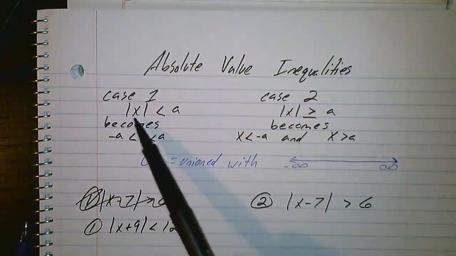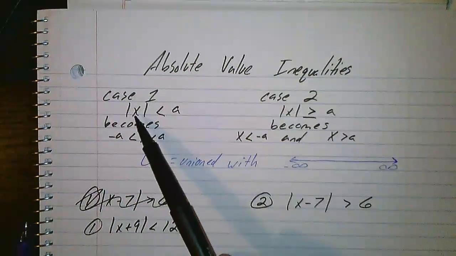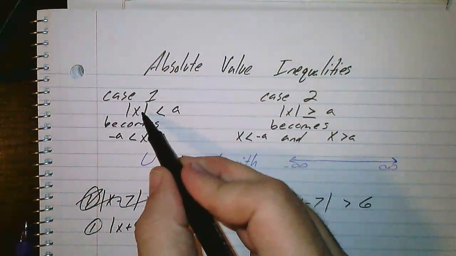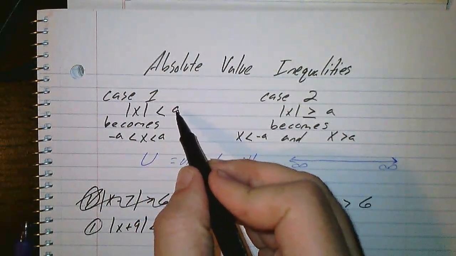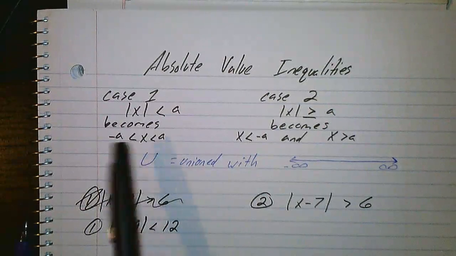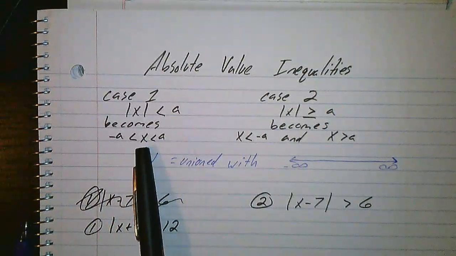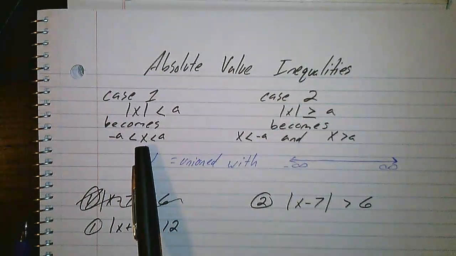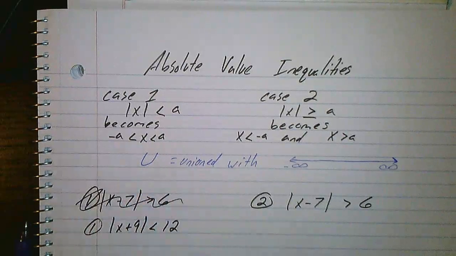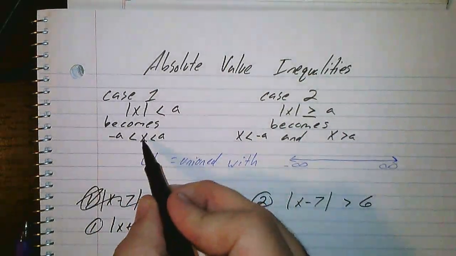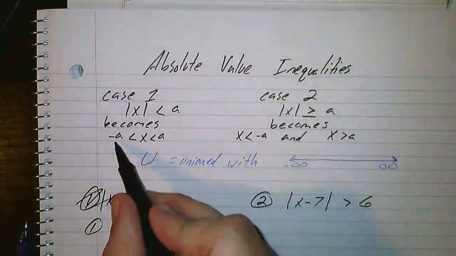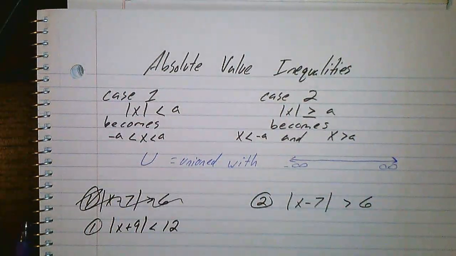If the absolute value of x, and it could be just an x, it could be a binomial, but as long as your absolute value is less than a, we drop the absolute value bars, and it becomes x is less than a, but also greater than negative a. So put x in between your less than symbols, negative a on the left, positive a on the right.